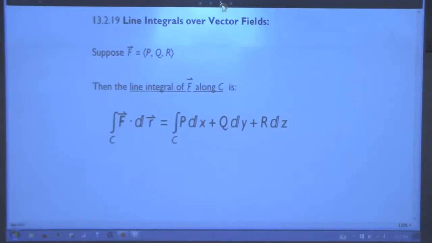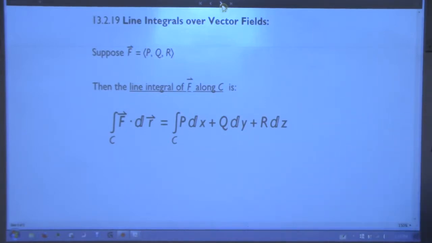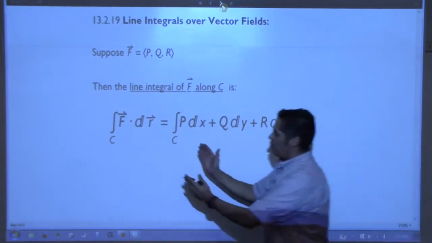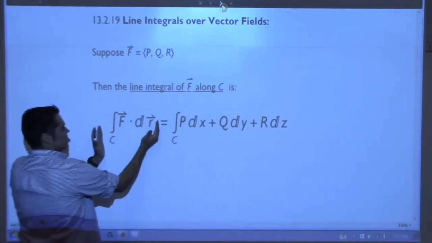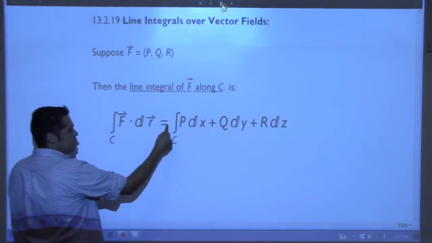Now, just a little notation for you. There's an equivalent form of this line integral of the vector field. This is the way that we say work, right? This is work, but if you see this, it is equivalent to this.